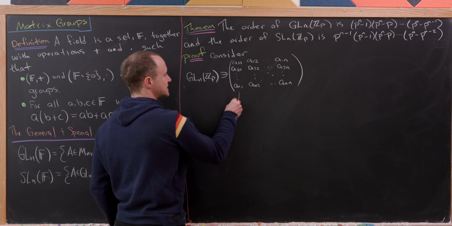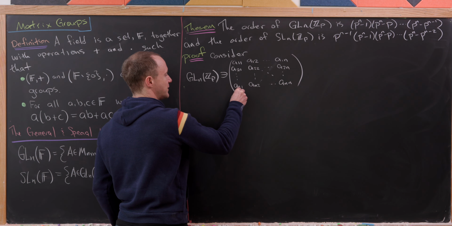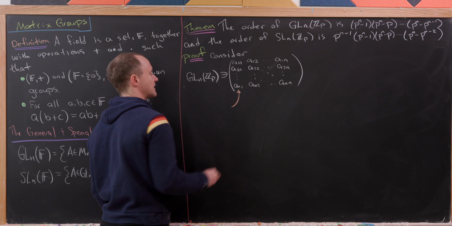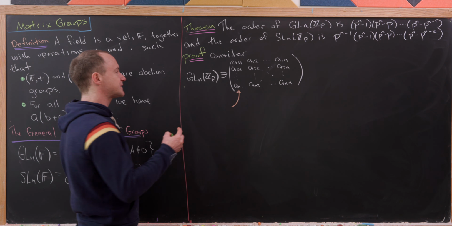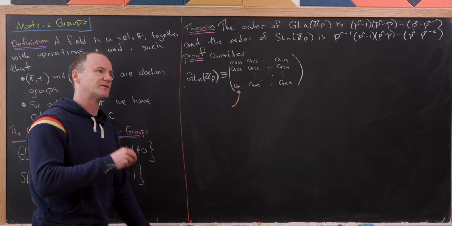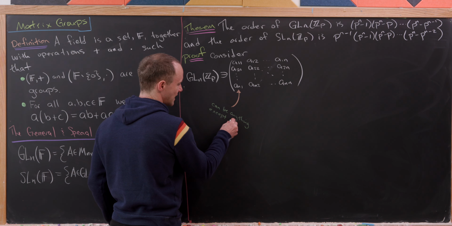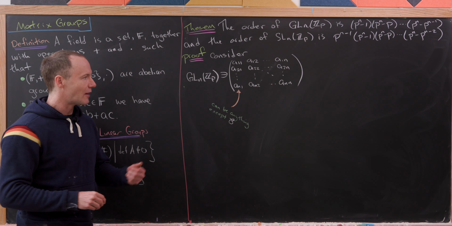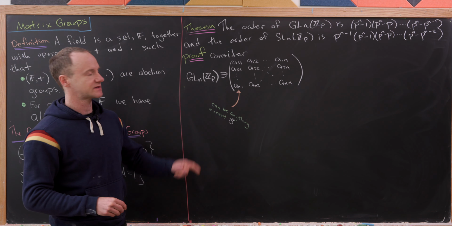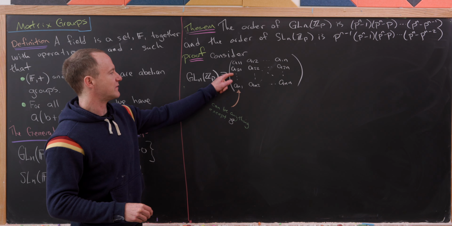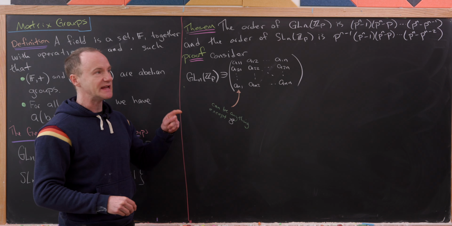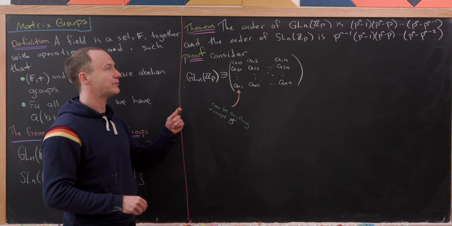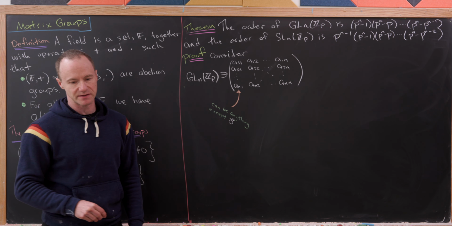So if we look at this first column, so if we're building our matrix starting at the first column, well, this first column can be anything except for the 0 vector. And so I'll just write 0 with an overline for the 0 vector. So how many possibilities does that leave us? Well, let's observe that we've got n entries here, and each of those entries can take on p different values because we're in Zp.